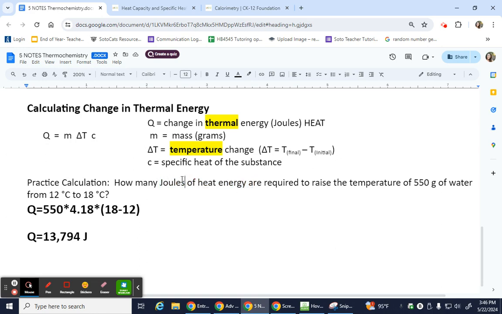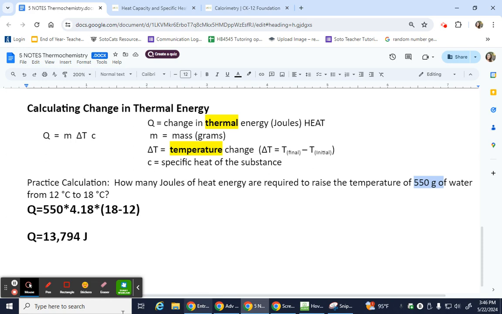So joules of heat energy was Q, so I left Q alone. And I set that equal to m was the mass. So 550 grams, we don't have to convert it. Just leave it 550. I multiplied that by C, my specific heat, 4.18. That value can also be found on the back of your periodic table. It's labeled as 1 calorie. Okay?